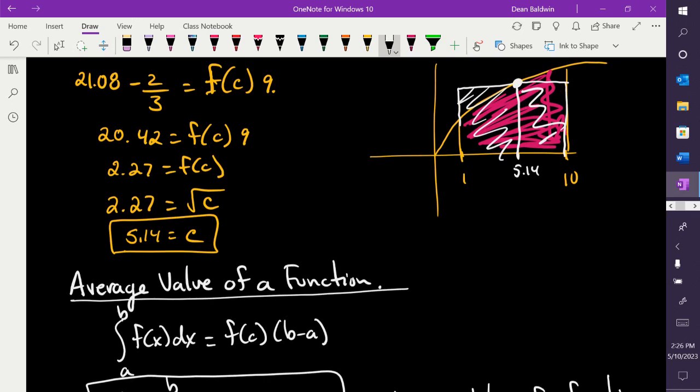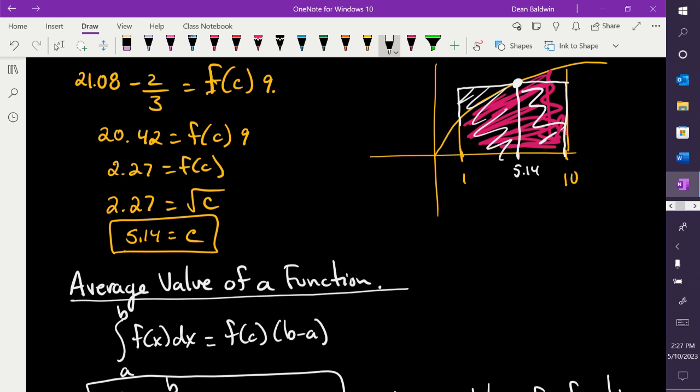What it's saying is, here's all the values of the function, right? The average value, what we're calling the average value, is whatever the value of the c, the y value at x is equal to c on the function. Because that's all we did. Like in the above example, the average value is 2.27, right?